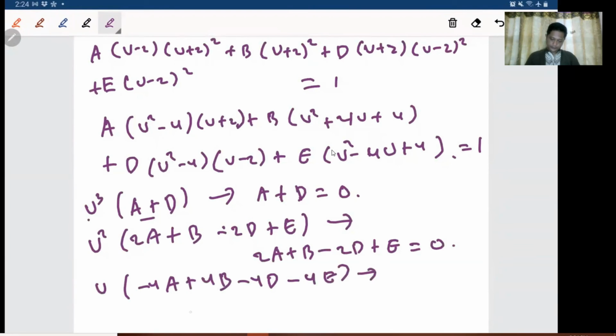So I have minus 4a plus 4b minus 4d plus a minus 4e is also 0. Okay. So actually you can do the substitution or whatever to reduce the variables to less than one. And that's it. That's all.